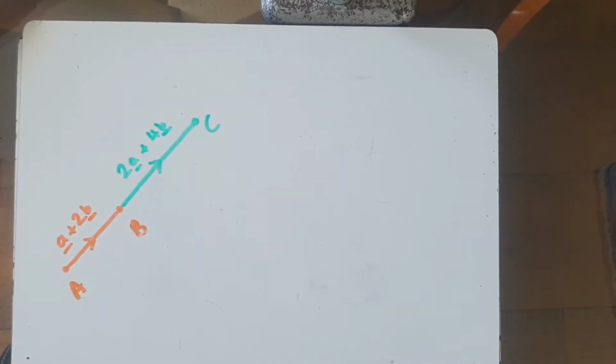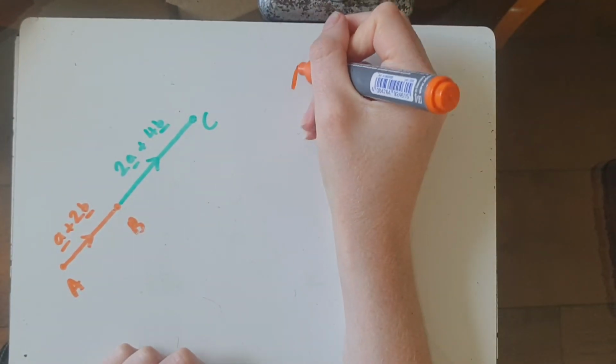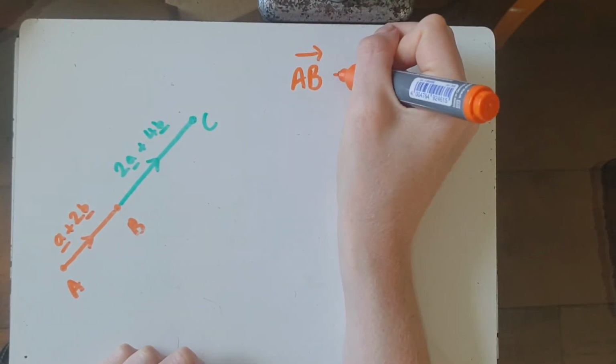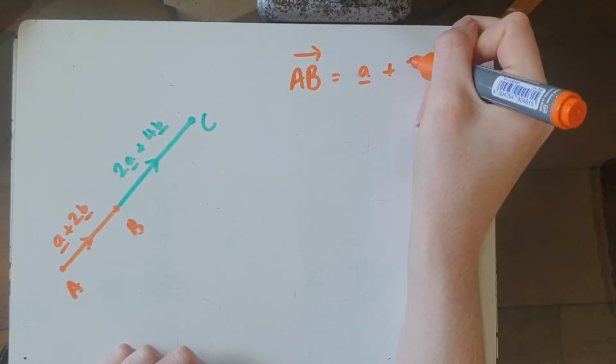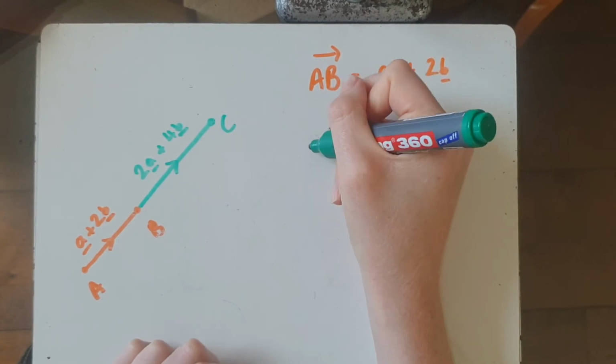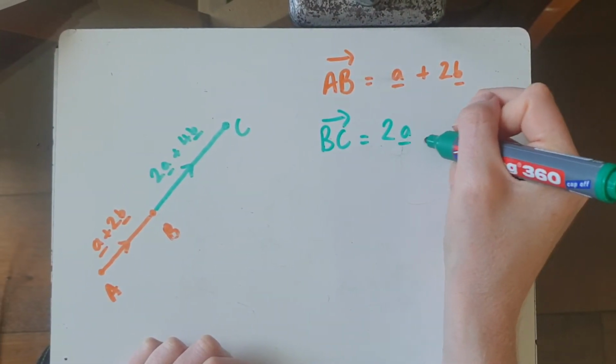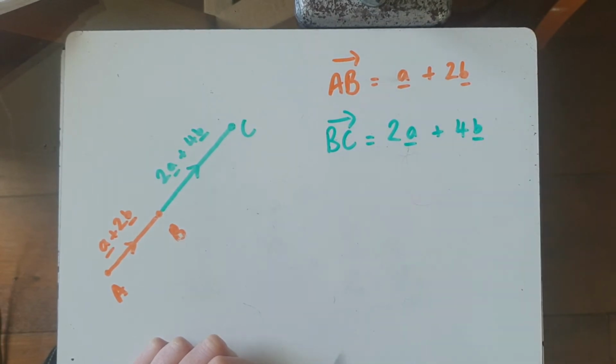Now, if we had this setup of vectors, we've got A to B is a plus 2b, and we've got B to C is 2a plus 4b. Now there's two things going on here.